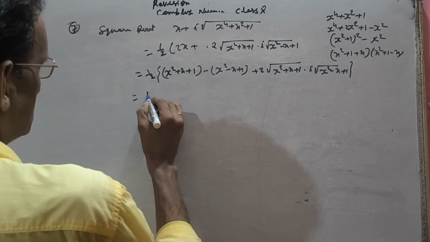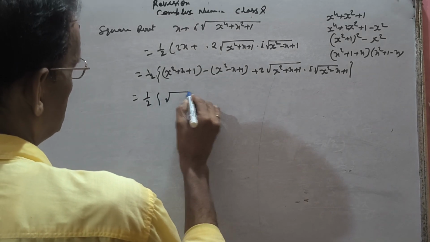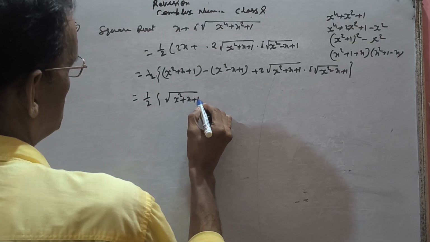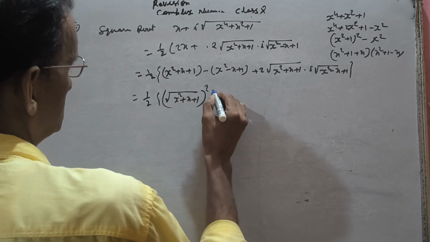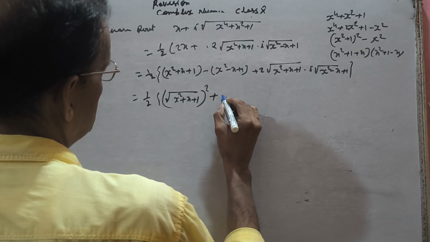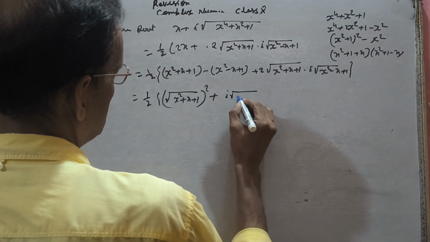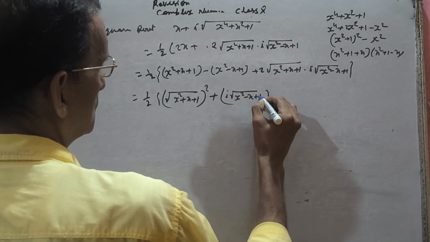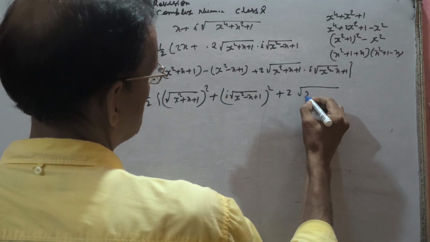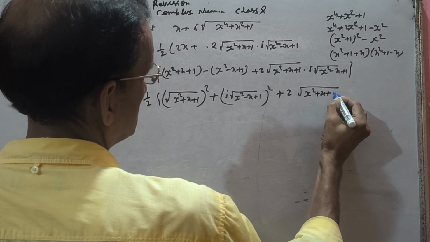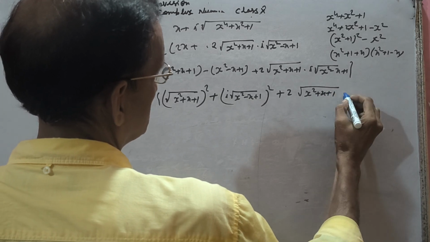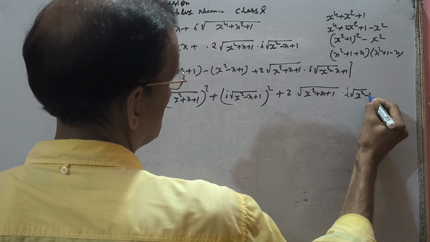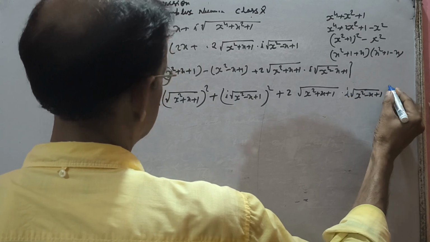So now this can be written (√(x² + x + 1))². And this, if you write plus here, then (i √(x² − x + 1))² plus 2 into √(x² + x + 1) into i into √(x² − x + 1).